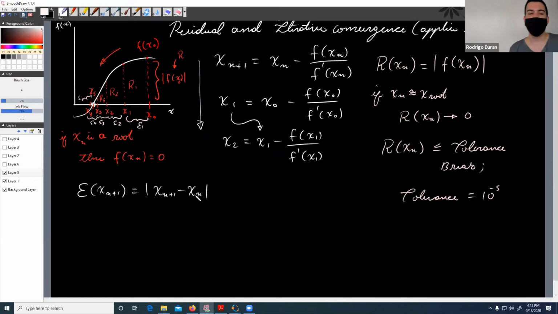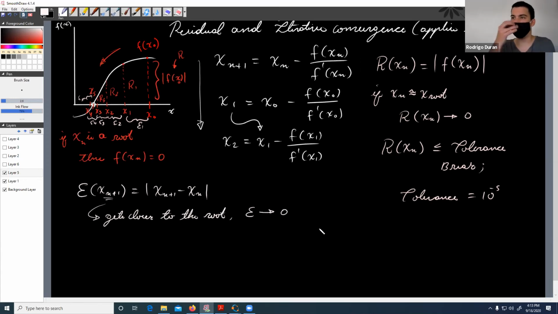And as xn plus 1 gets closer to the root, the real root or my approximation of the root, I can expect epsilon to go to 0, because the distance between all of those x's is getting smaller and smaller.